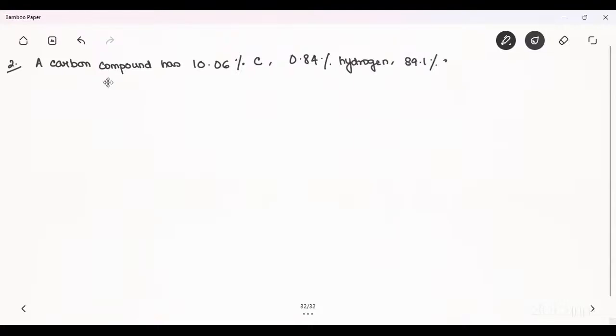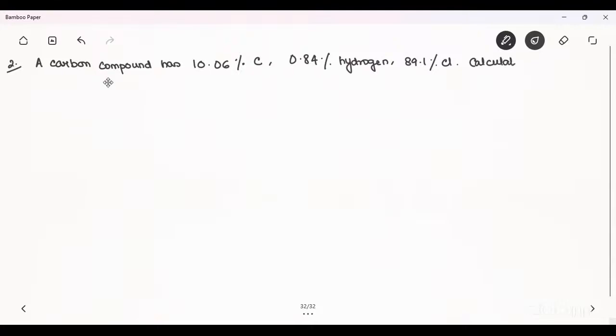The second question states that a carbon compound has 10.6, sorry, percent carbon, 0.84% hydrogen, and 89.1% chlorine.